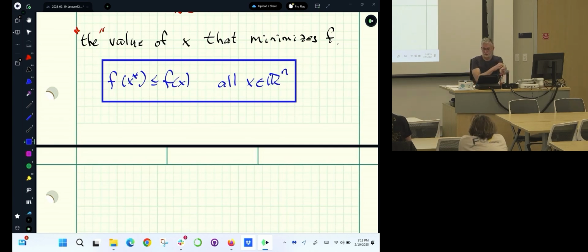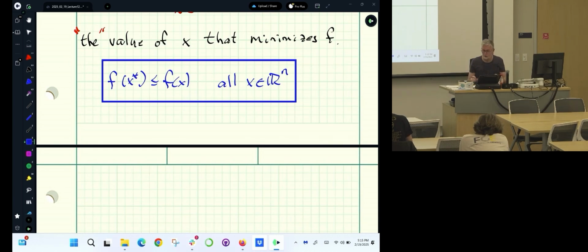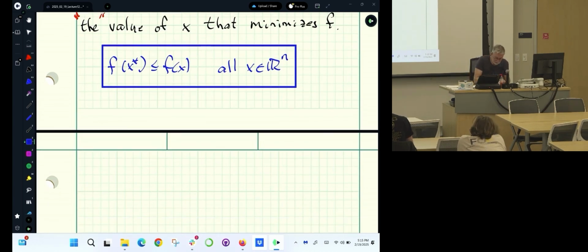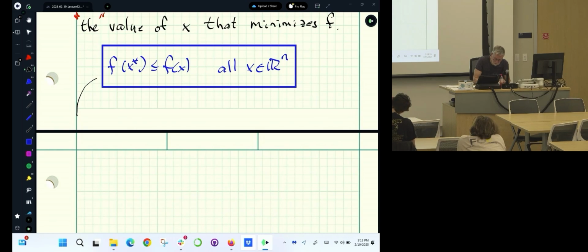Okay, there's a value and it's less than or equal to f evaluated at any other point. Now, finding the one that works for all x is very hard to do, okay?